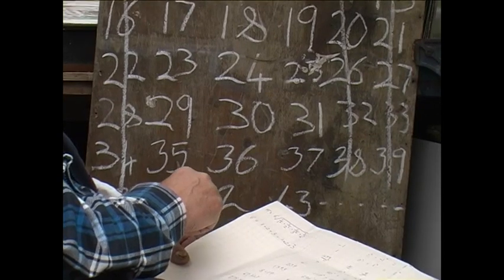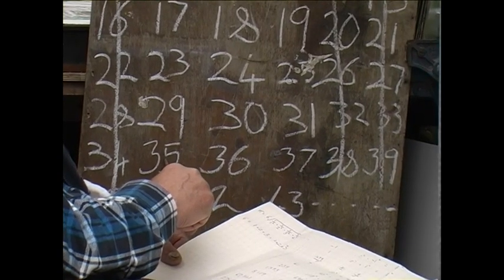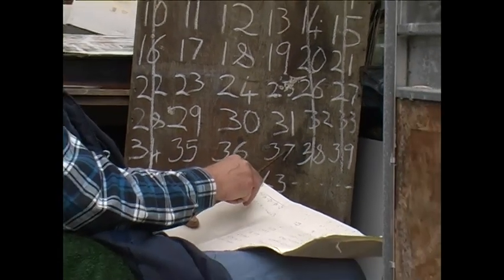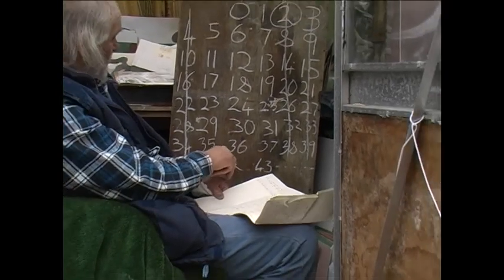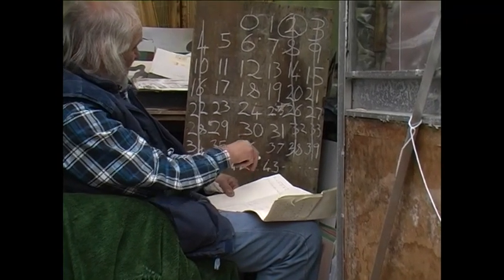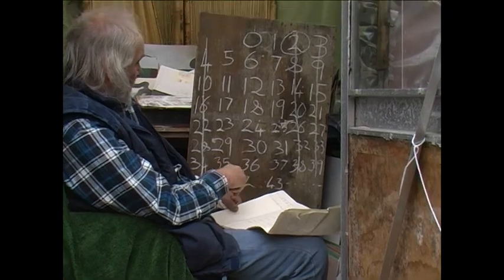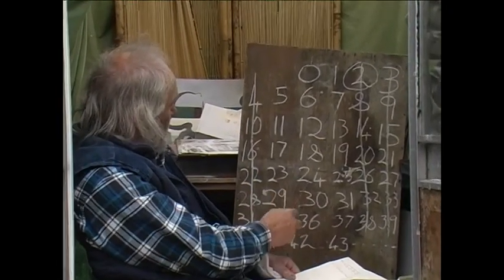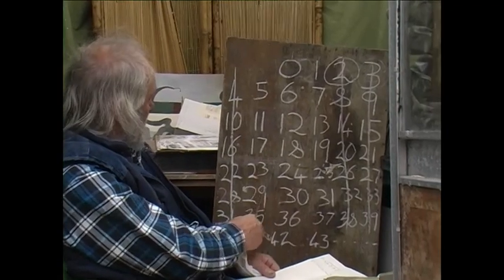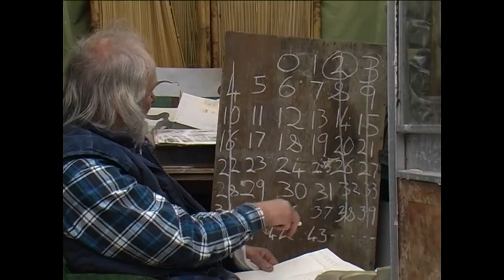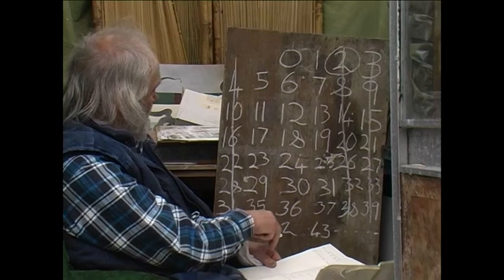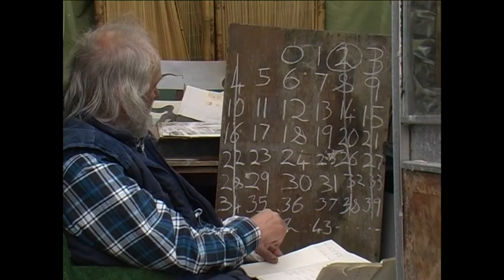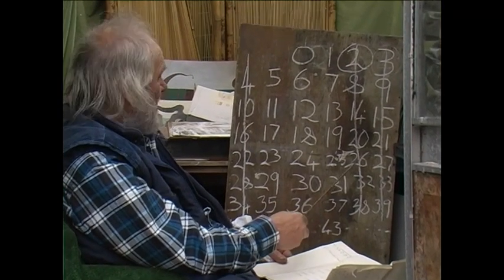Here it breaks down a little. We have 35, which is 7 fives. We have 37, that's a prime. On either side of 42, we have 41 and 43. They're both primes. It goes on like this, and it should be clear just from looking at this arrangement of the numbers that the only place you can find primes is on either side of the multiples of 6. They can't be anywhere else.